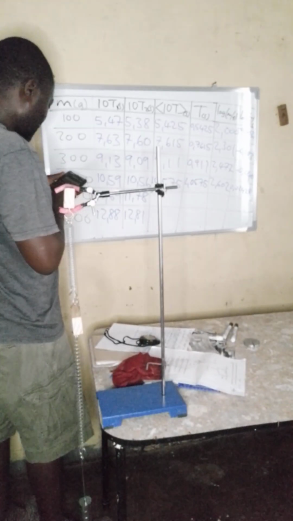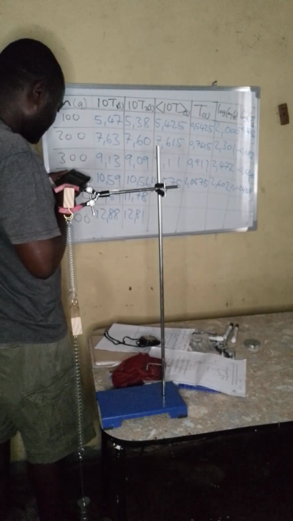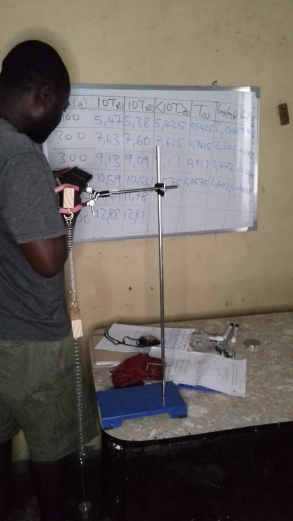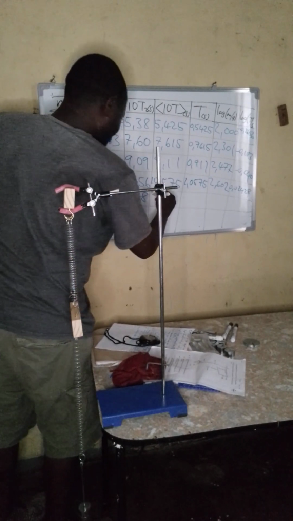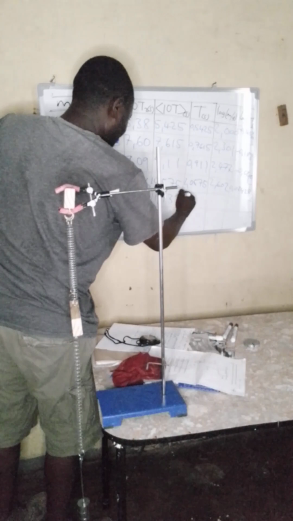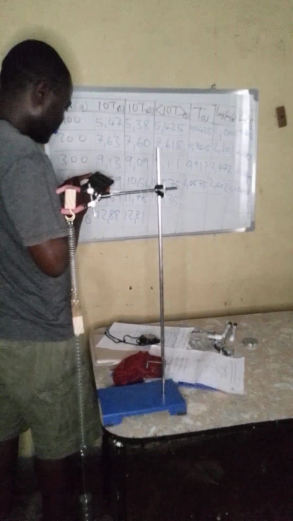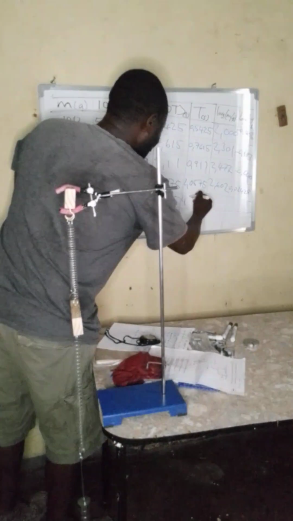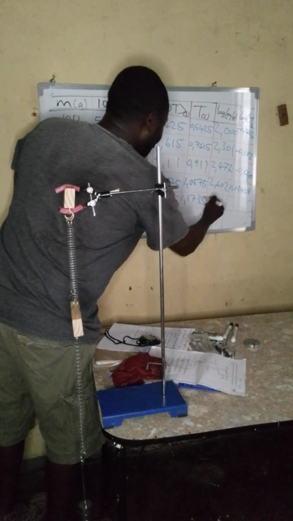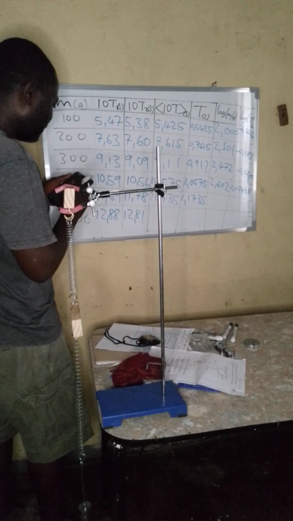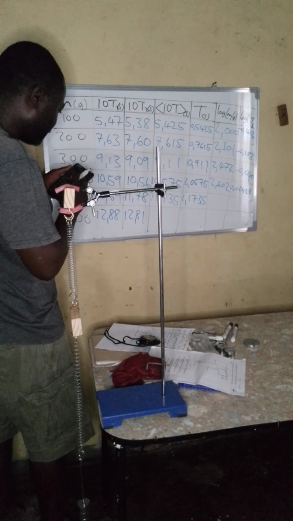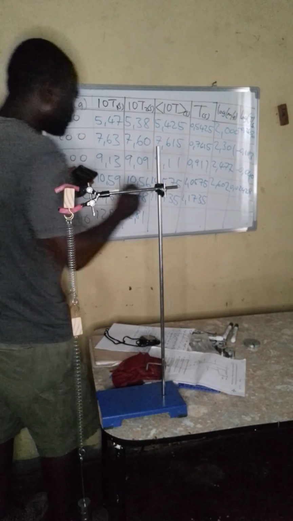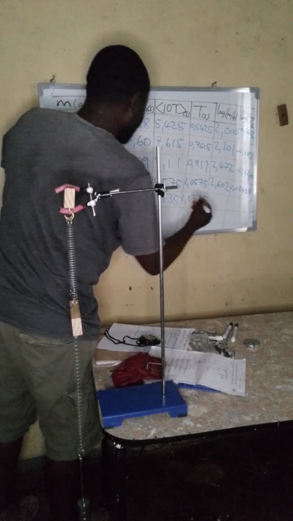Then 11.69 plus 11.78 divided by 2, 11.735. Then I'm going to divide by 10 there, 1.1735. Logarithm of 500, 2.699.